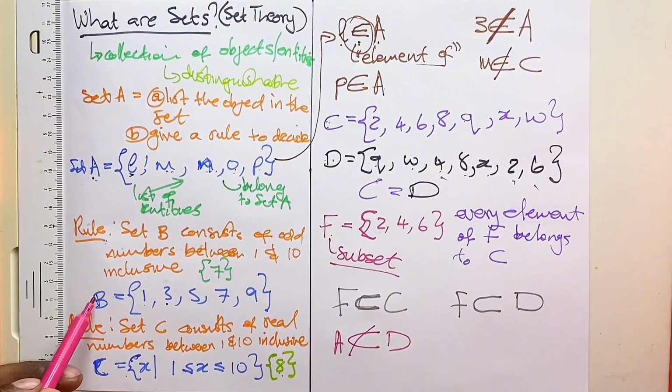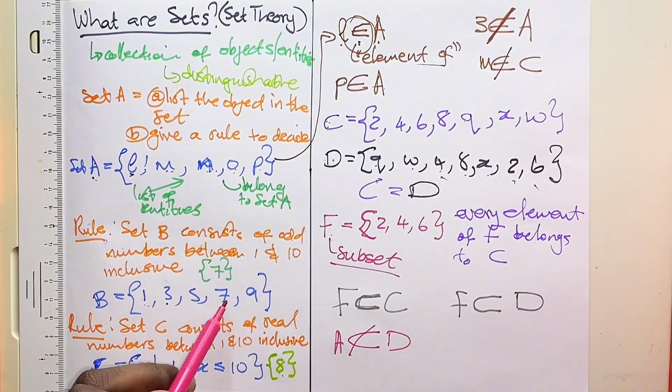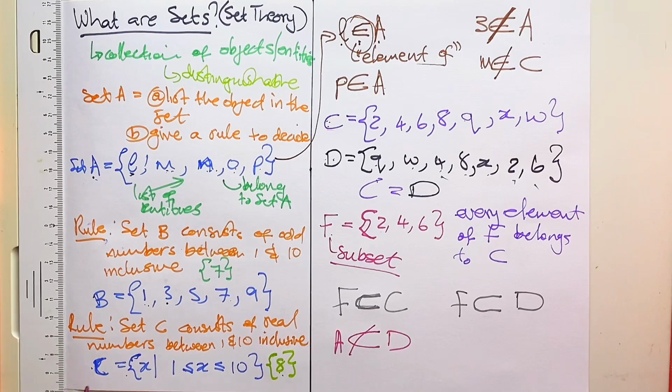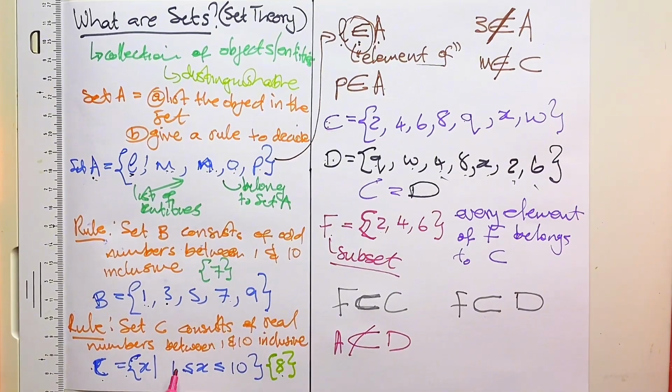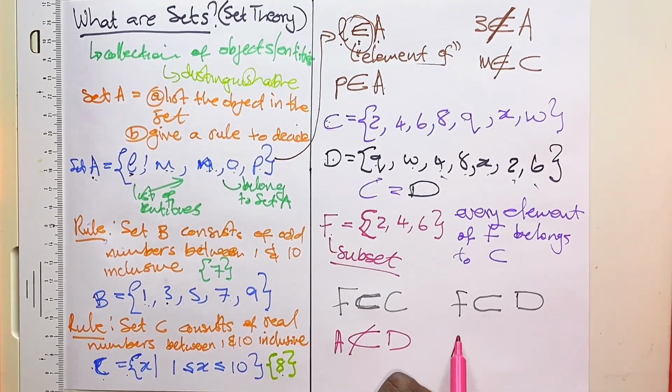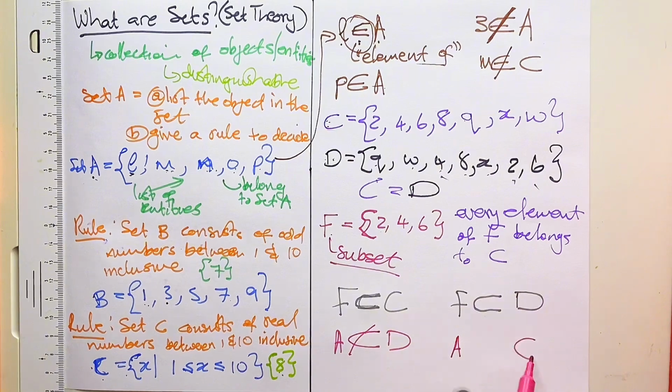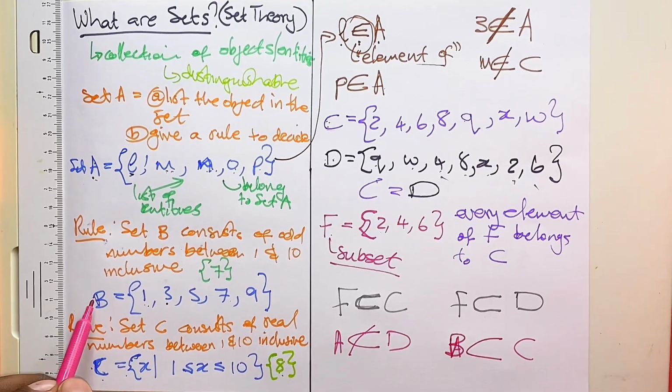Now let's look at B and C. In B you have 1, 3, 5, 7, 9, and C has all numbers between 1 and 10. Is B a subset of C? Yes, it is, because every element in B belongs to set C, and that's how you represent it in mathematical terms.